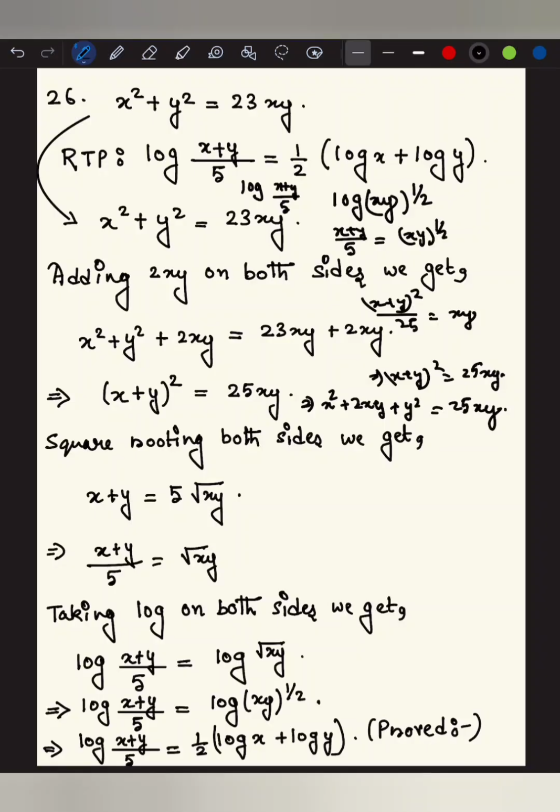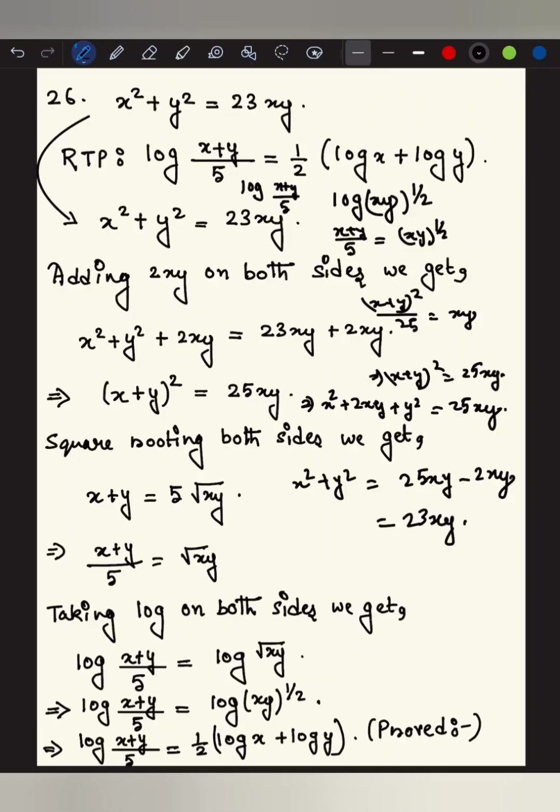Now if we take this plus 2xy to the right hand side, then it becomes x square plus y square is equal to 25xy minus 2xy, which is equal to 23xy. That is what we have here. x square plus y square is given as 23xy.